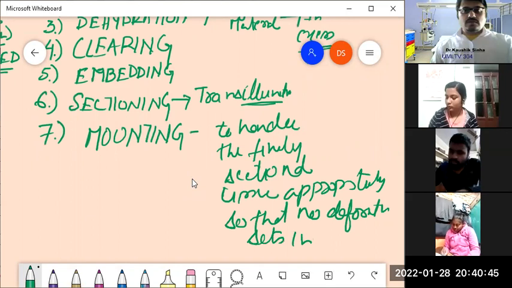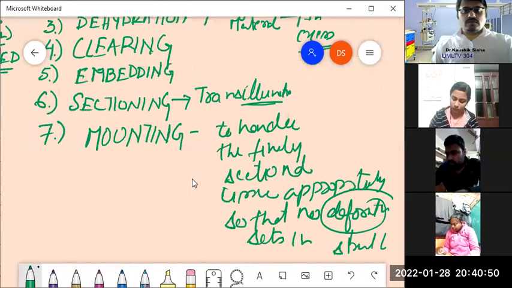Deformation means again structural loss sets in. So that's why you need to mount.